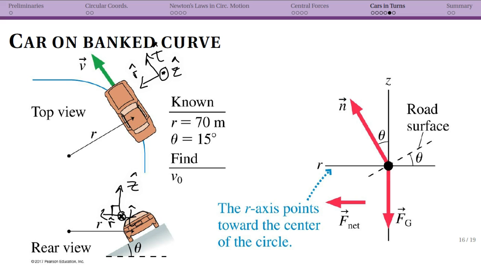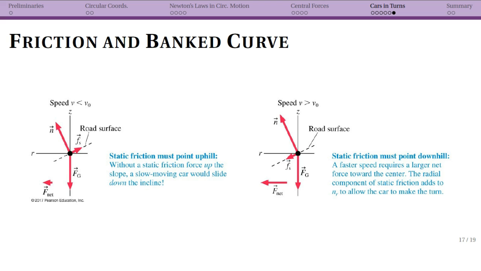So let's go through the final case, which is where we have a banked road, so this angle here, and some friction. What happens then? So the first thing is that we're continuing on from the previous version, where this v naught in both of these represents the correct speed for no friction.